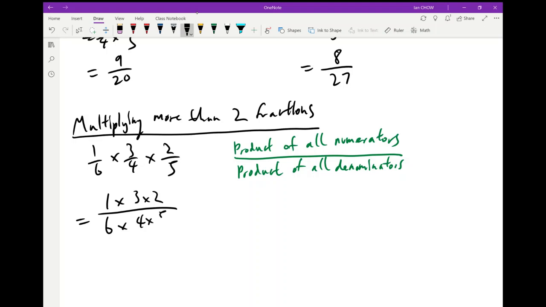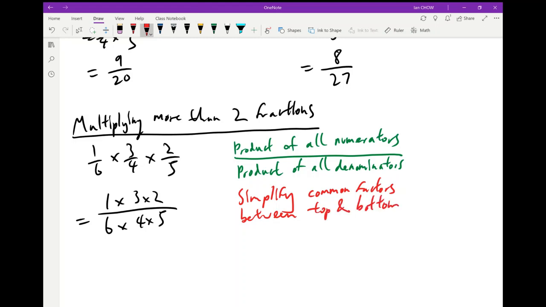Now what happens here is we can also simplify. Remember to simplify common factors between top and bottom. So we're going to look over here. I can see that 3 and 6 have common factors.